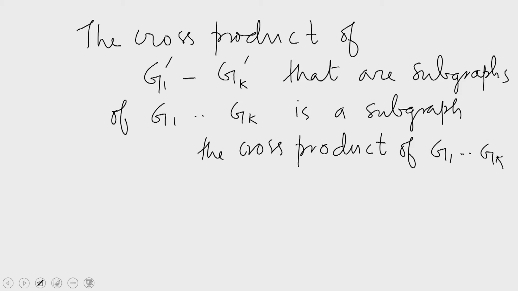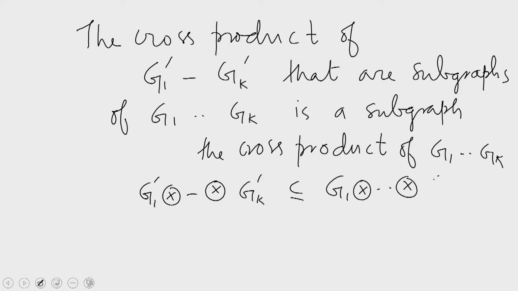This is easy to visualize, but I am leaving the formal proof to you. In other words, the cross product of G1 prime through Gk prime is a subgraph of the cross product of G1 through Gk.